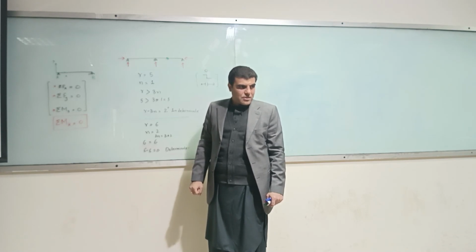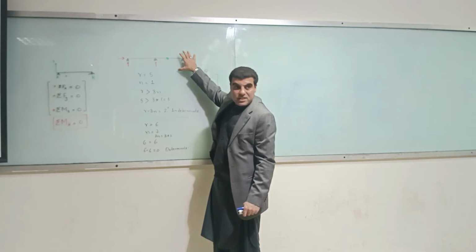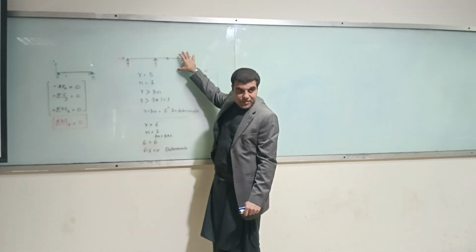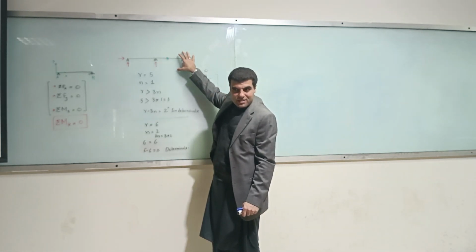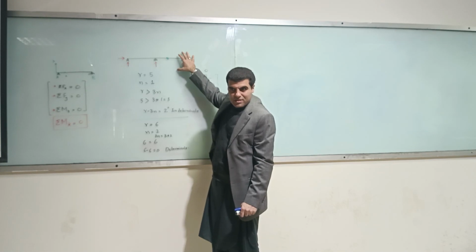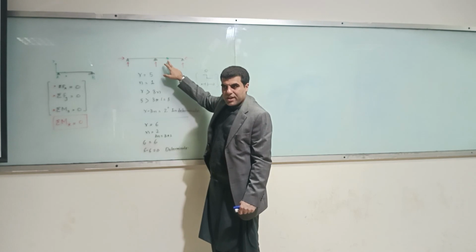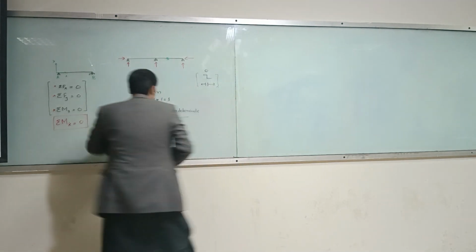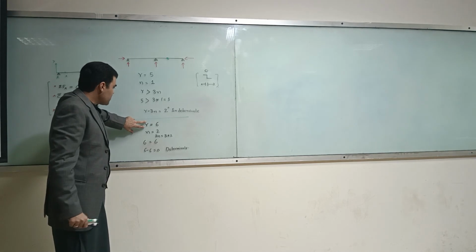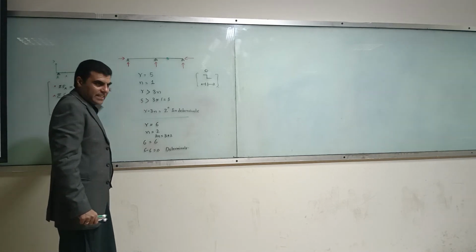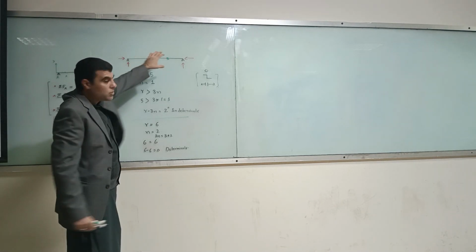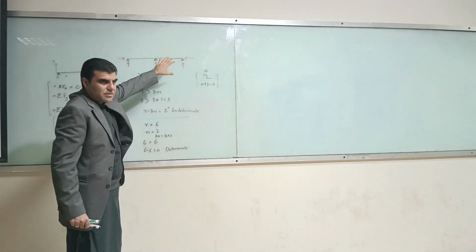So we have got 5 reactions and we have got one internal moment. So total 6. But how has, so you have R is equal to 6. How has that internal moment contributed to your reactions?